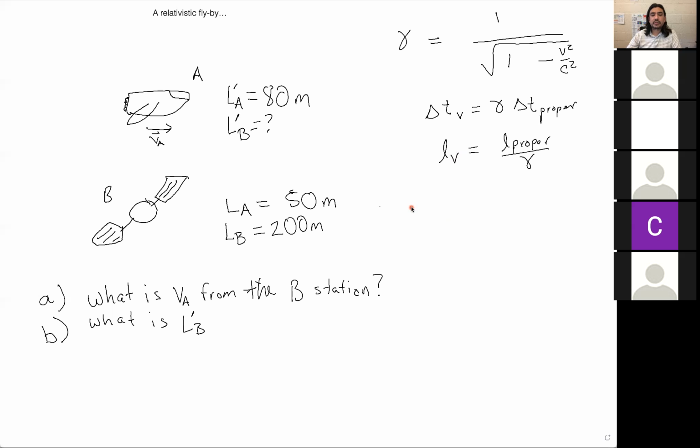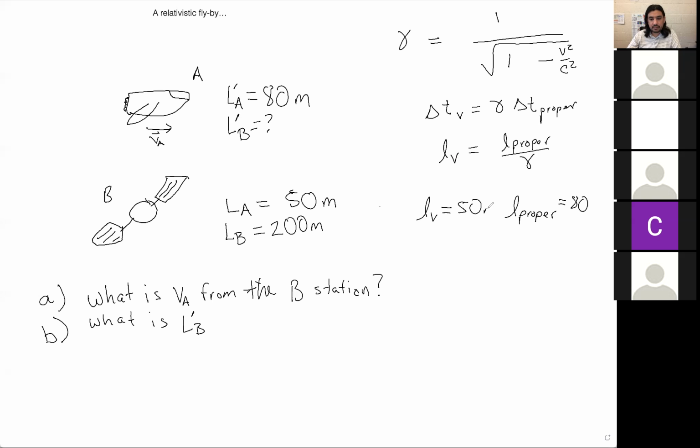Using this equation right here, what you had to do is first, you know that LB is 50, and we know that L proper for the spaceship is 80 meters.